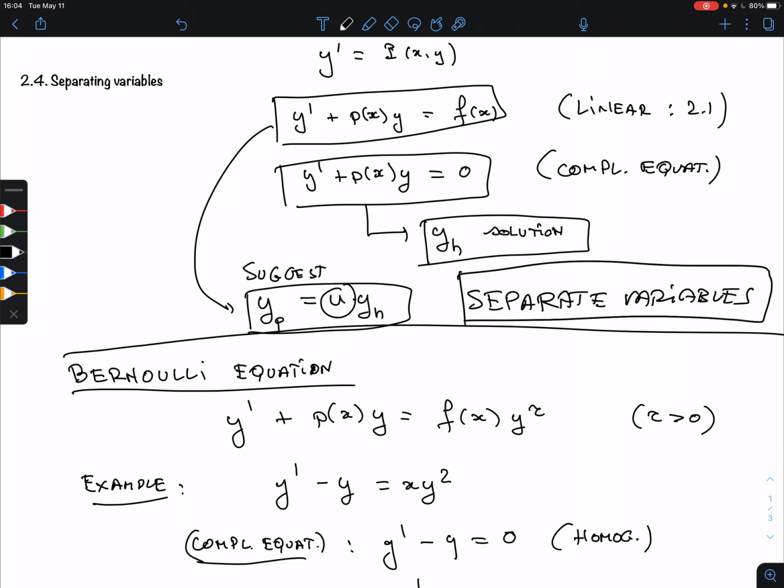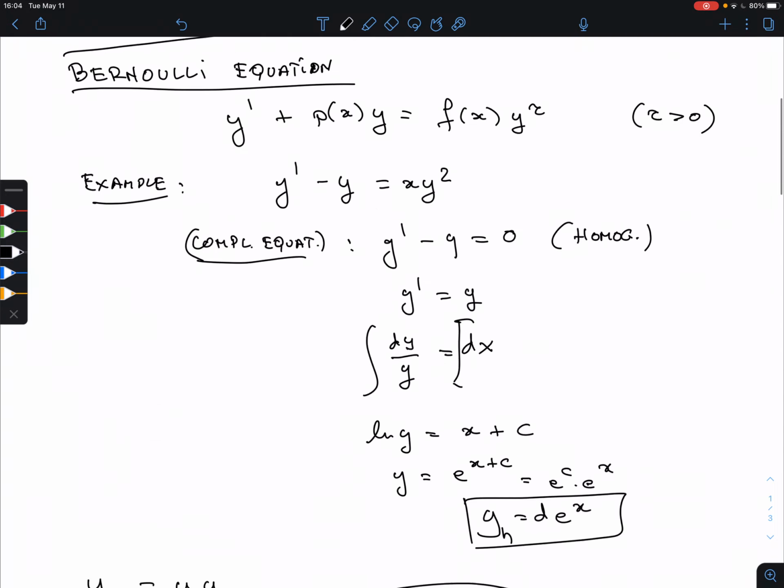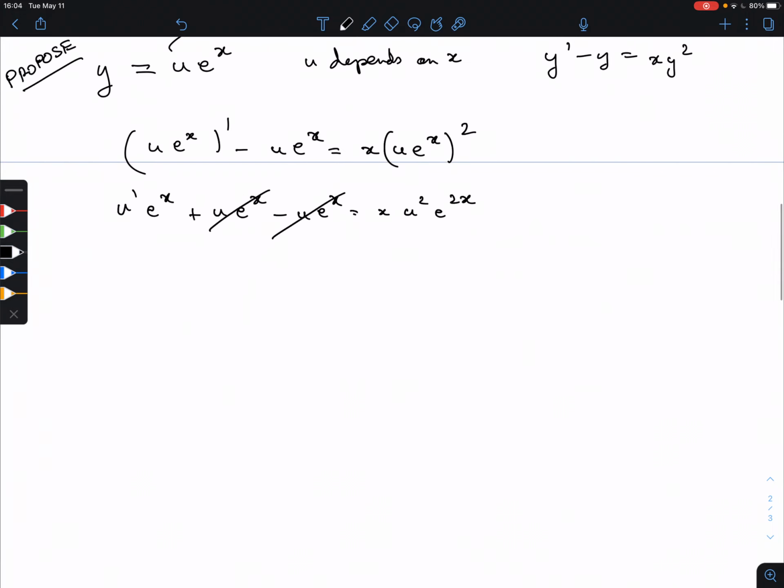Meaning we do this trick, or the substitution of this new function u, is supposed to get us something that is separable, where the variables are separated. And this is exactly what happens. Look, I can solve for u', bringing that to that side, and on the other side I get x e^(2x) divided by e^x. And this is exactly what I want.